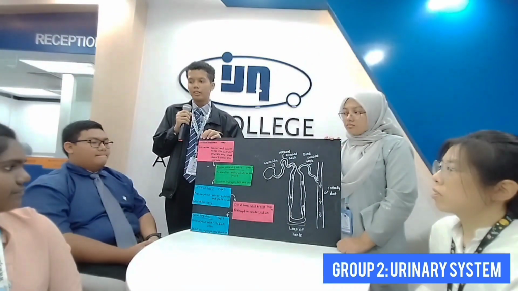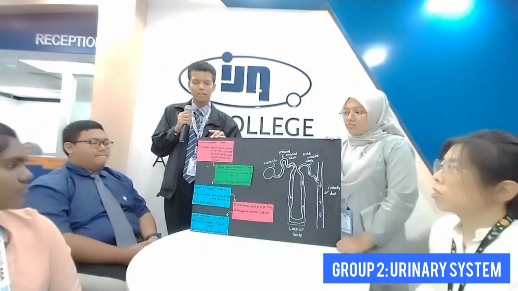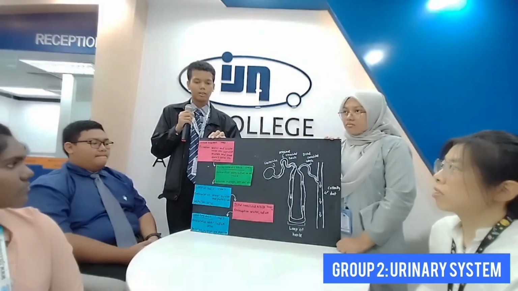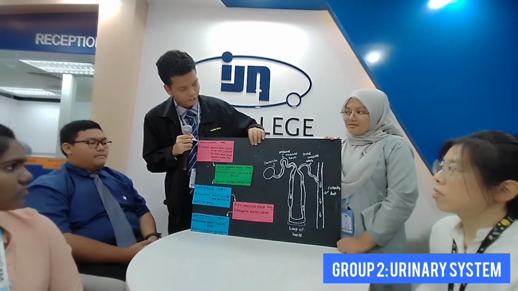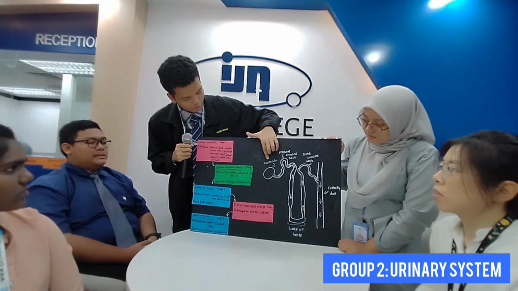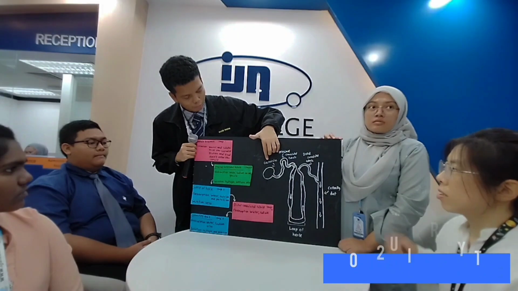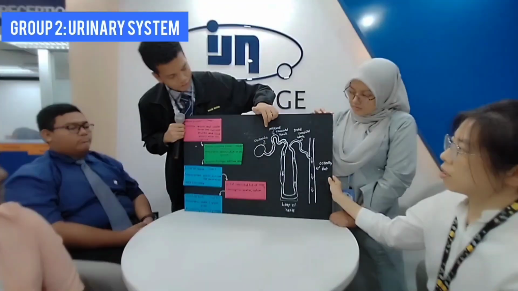And in one kidney, there are about 1 million nephrons. So I will talk about the structure first. As you can see, there is a glomerulus. Inside the glomerulus, there is a Bowman capsule.